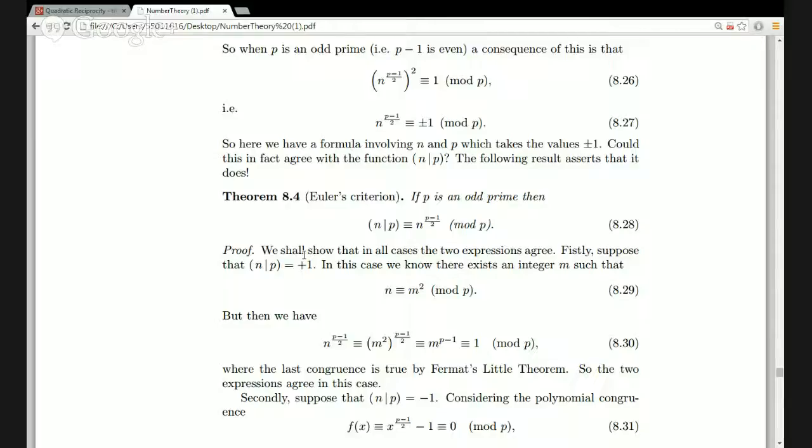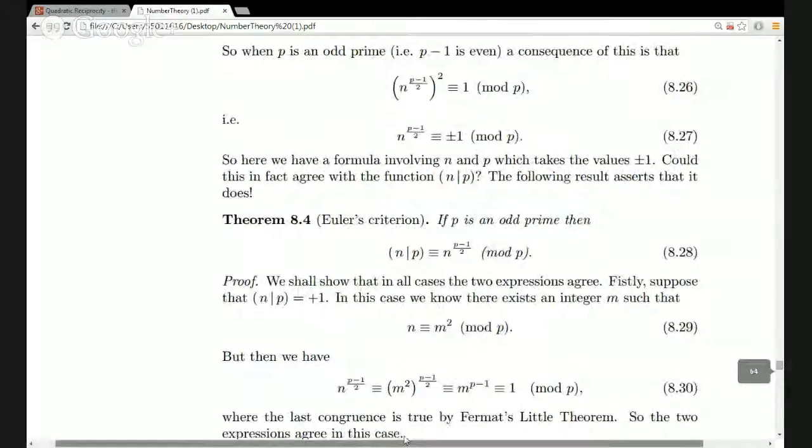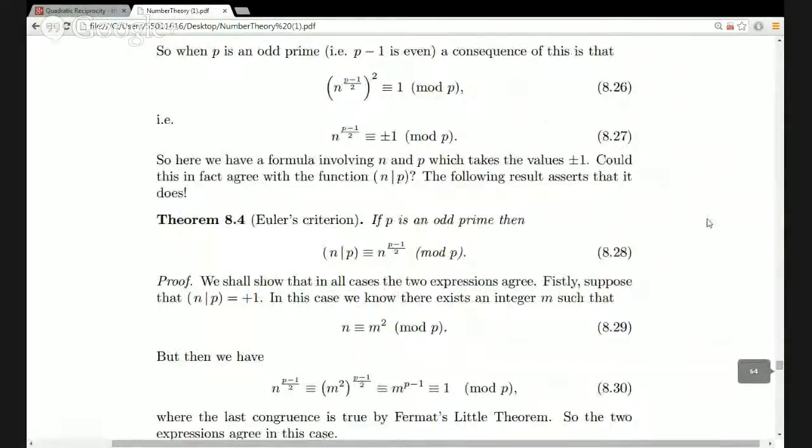And then a key result which got us started on all this, and which is the foundation result that gets you to our proof of quadratic reciprocity, is the result called Euler's criterion. This said simply that the Legendre symbol (n/p), remember it's going to be +1 or -1, is congruent modulo p to this power of n.